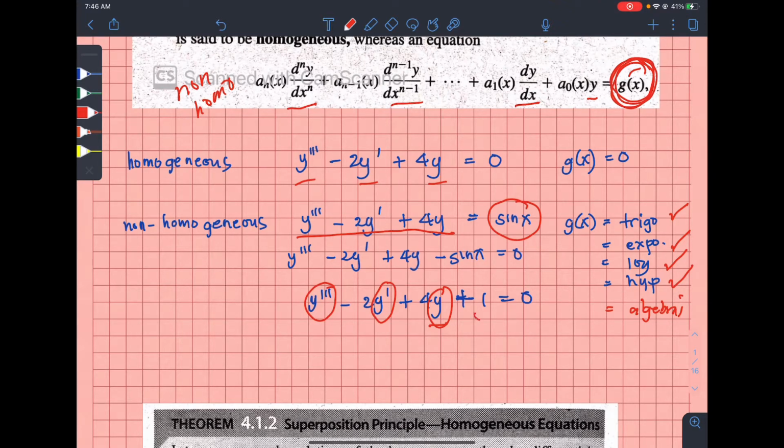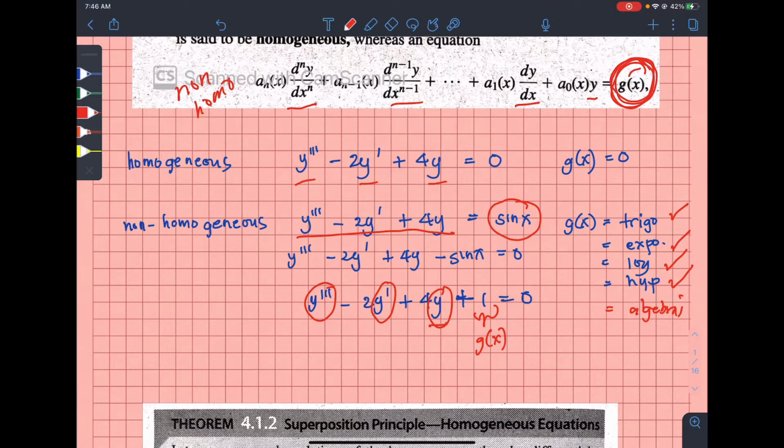However, we have a constant here, so that would already be considered as another function. So therefore, this one is considered as a non-homogeneous equation as well.